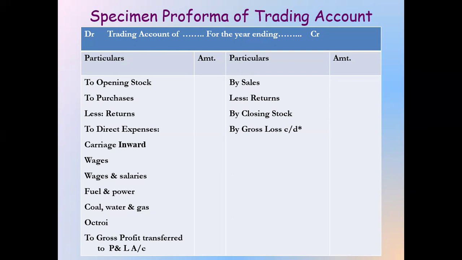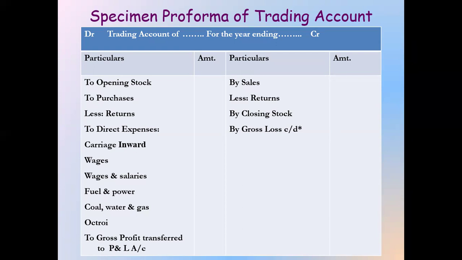The opening stock is the stock material you had at the closing of last year, which for the current year is known as opening stock. Then you mention the additional purchases made to conduct the selling and buying activities. From the purchases made this year you deduct returns, and the final amount is shown in the amount column.